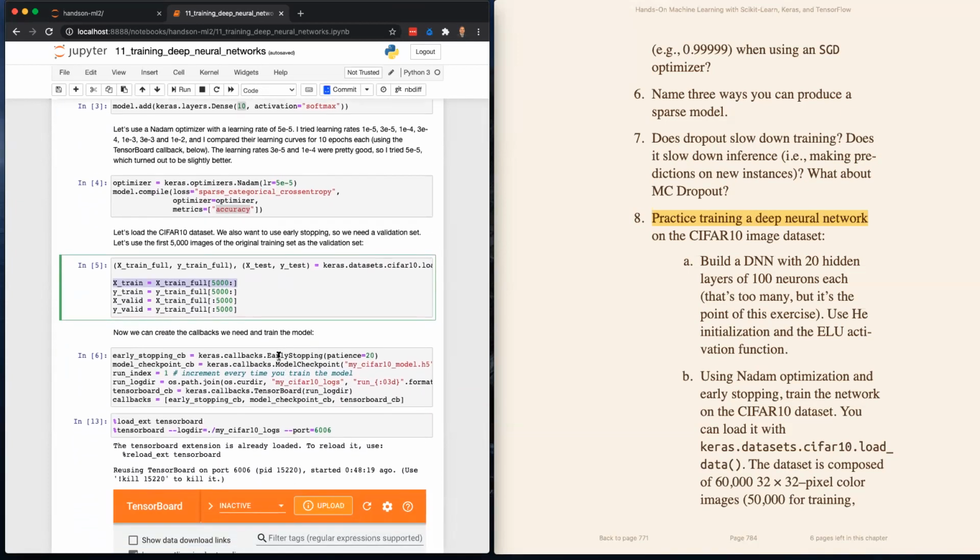A few bits we're going to do is early stop our model. It's going to go to 20 epochs to see if the validation is increasing from a point. If there is no change, it's going to stop, and that model will get saved as my CIFAR-10 model.